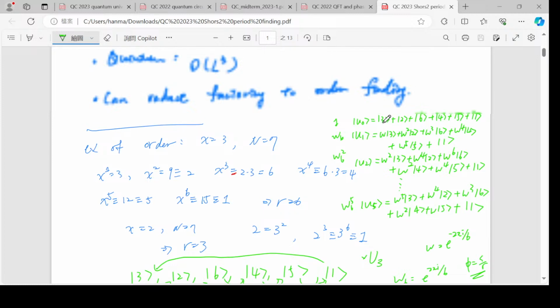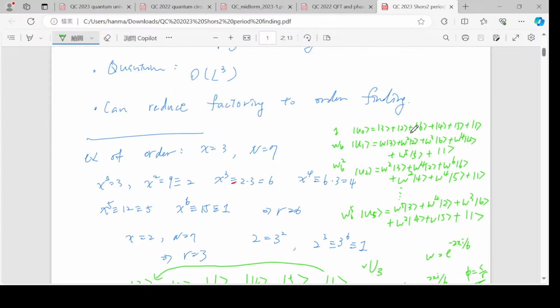And here we have eigenvalues, which are very related to the Fourier transform. The first eigenstate is you take all those 6 states in equal superposition, then apply U_x on it, or multiply everything by 3, and you see it's a cyclic permutation between all of them.